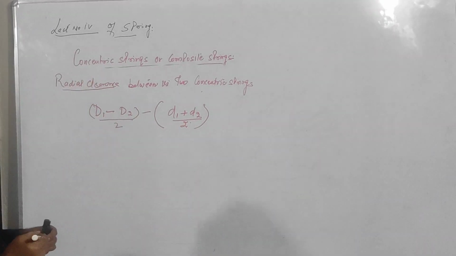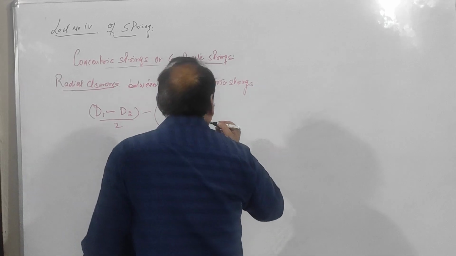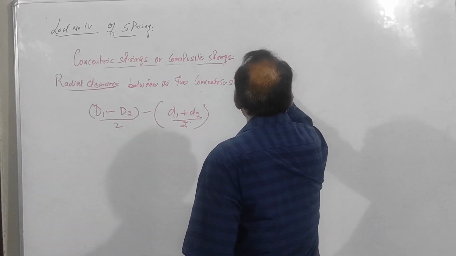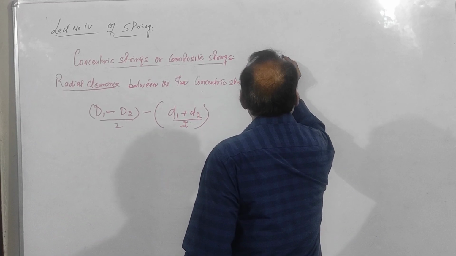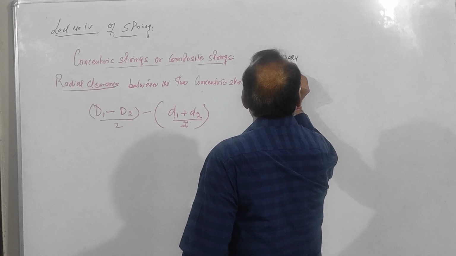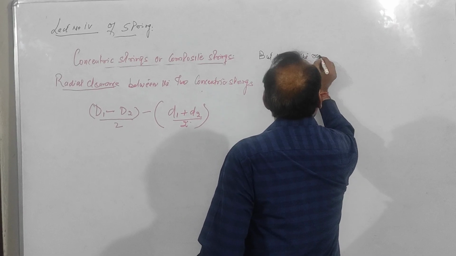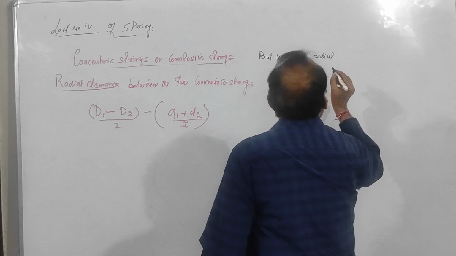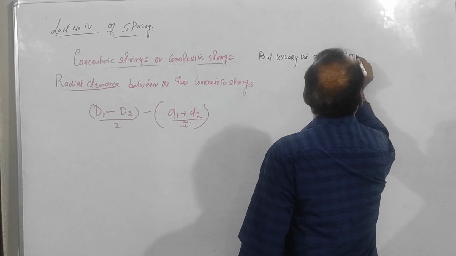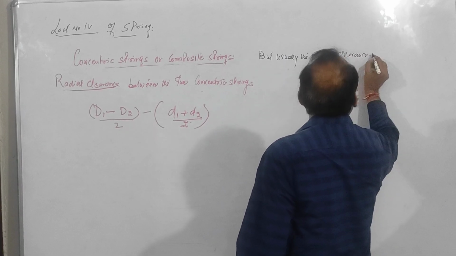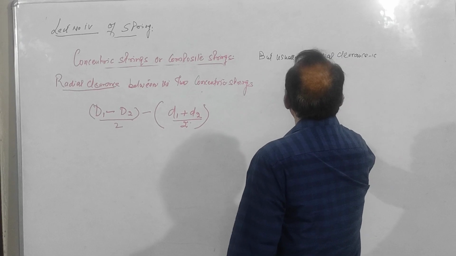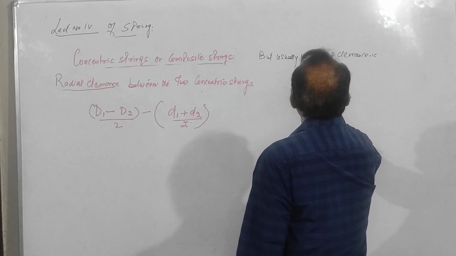But usually the radial clearance is d1 minus d2 divided by 2.